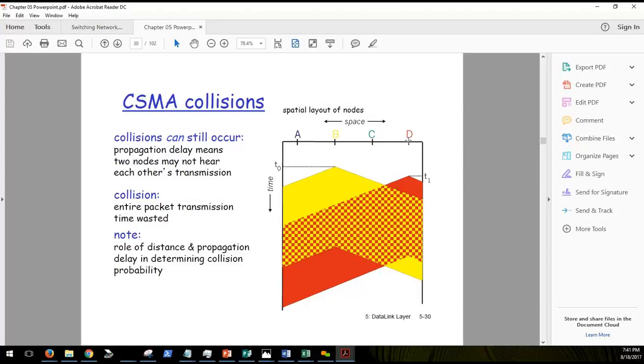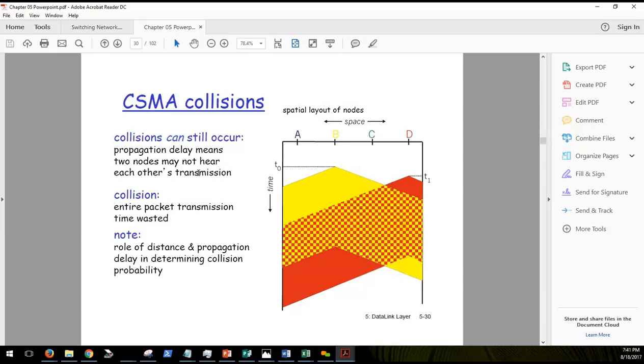Okay, spatial layout of nodes. I'm not exactly sure what he's saying, but if two nodes are far enough away from each other, they may not hear the other communicating, and it's very likely that they could collide.